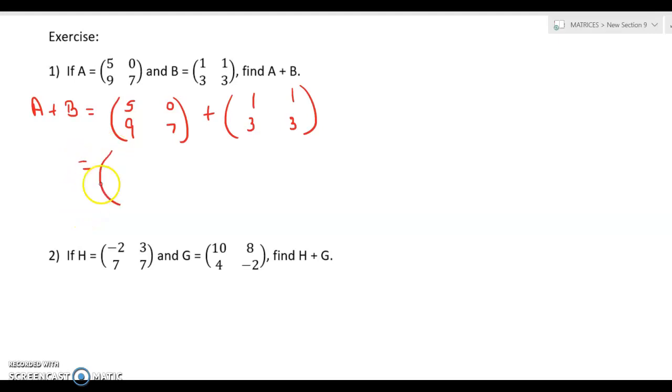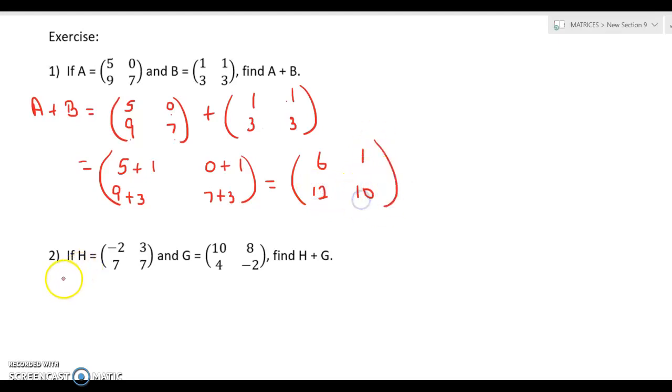So let's go ahead and add. So 5 plus 1, 0 plus 1, 9 plus 3, 7 plus 3. And then you get your final answer, which will be 6, 1, 12, and 10.